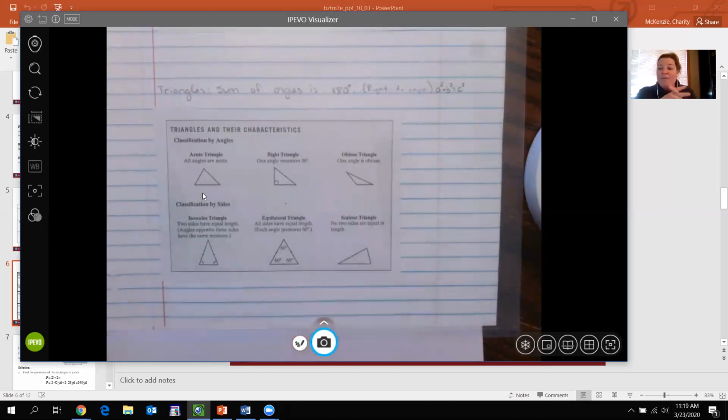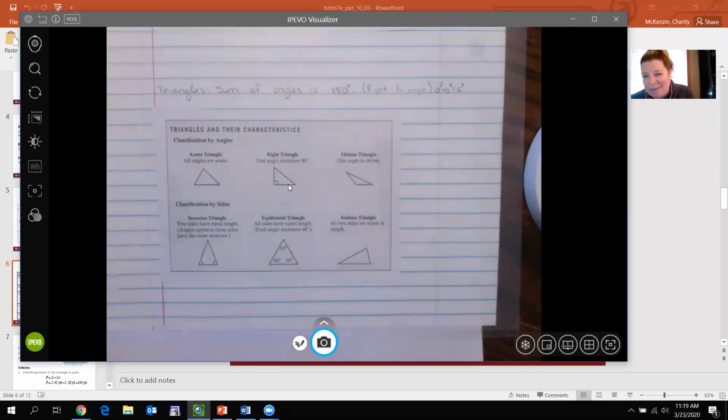If our triangle has 3 angles that are less than 90 degrees, we call it acute. I always think of it as a cute little angle, right? All the angles are less than 90. If you have one 90-degree angle, what would you call it? A right triangle.